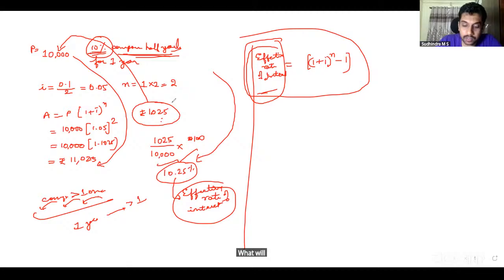What will be the interest after 1 year? Further, what is the effective rate of interest?